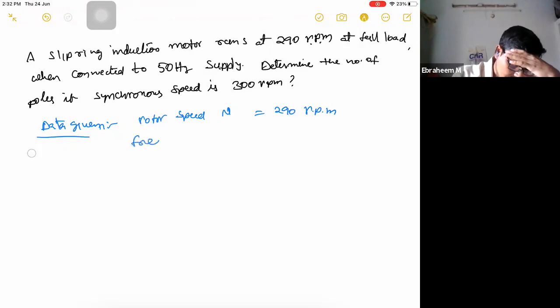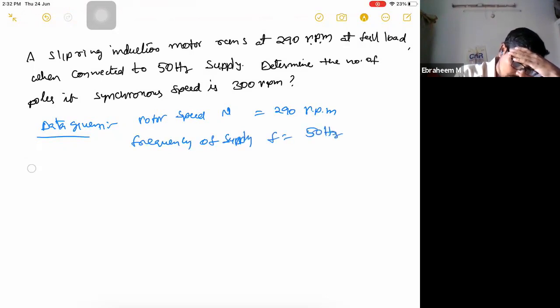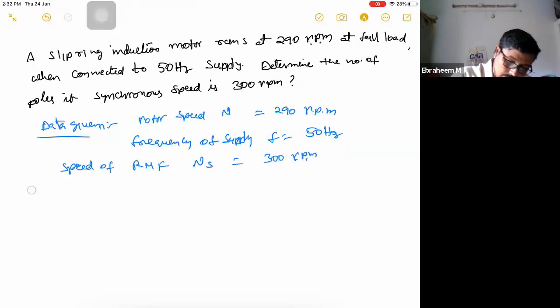The frequency f is equal to 50 Hz. The synchronous speed of the rotating magnetic field Ns is equal to 300 RPM.